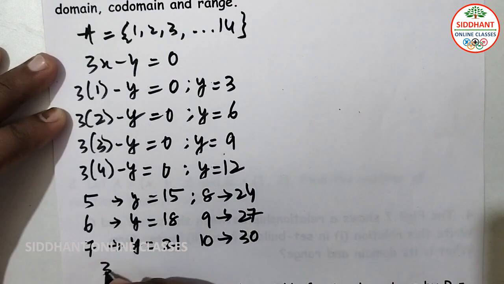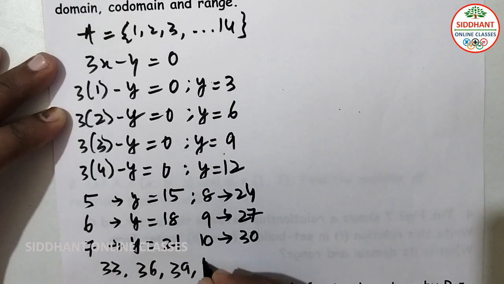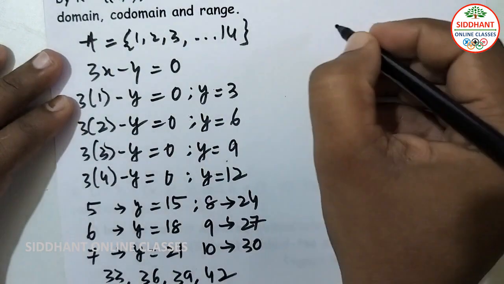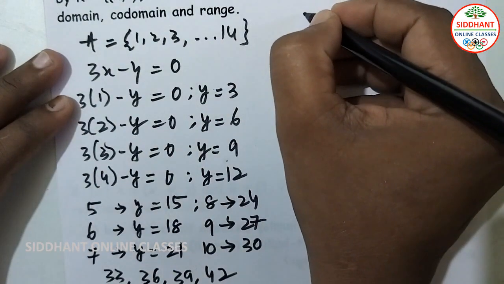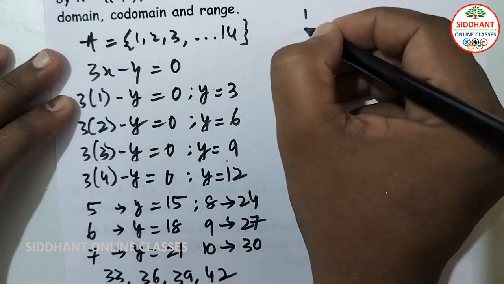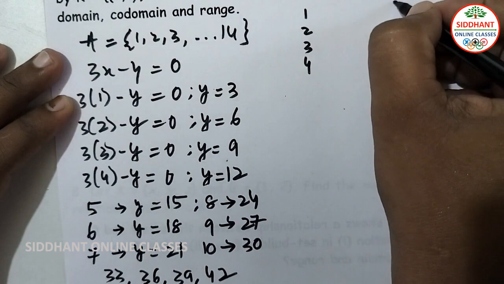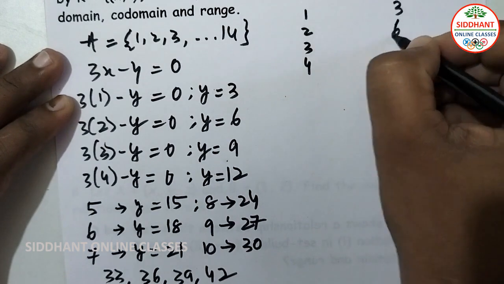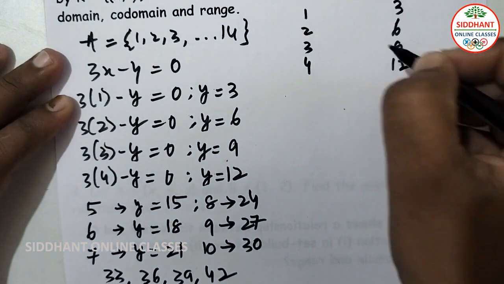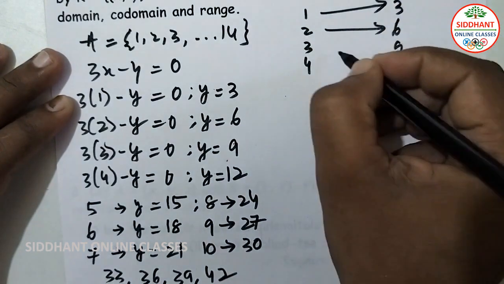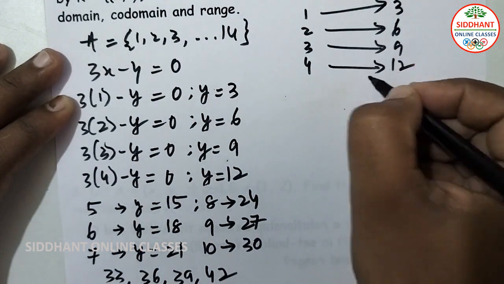In the same way 33, 36, 39 up to 42 are the y values. In a diagrammatic manner, 1, 2, 3, 4 give the outputs 3, 6, 9, 12. So this will be the diagrammatic manner.